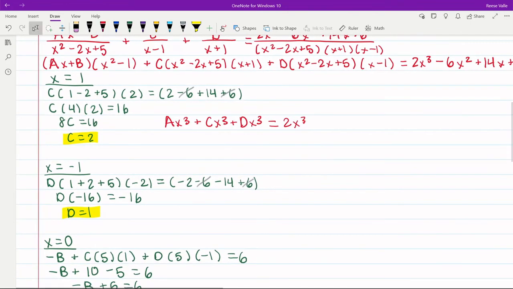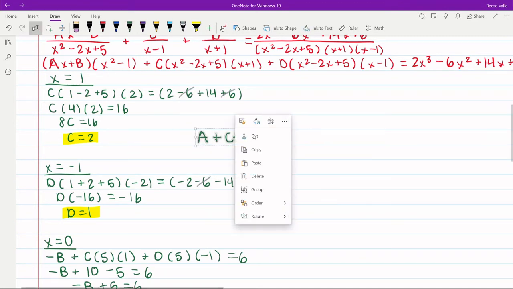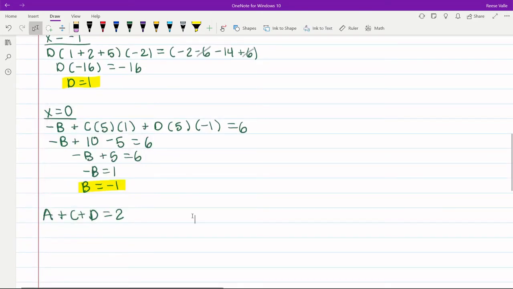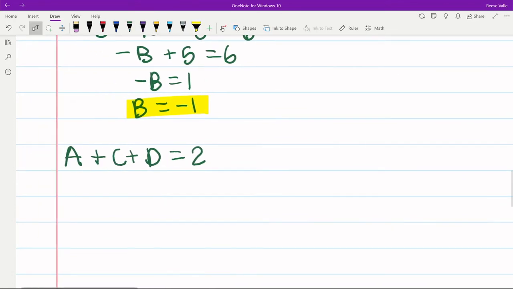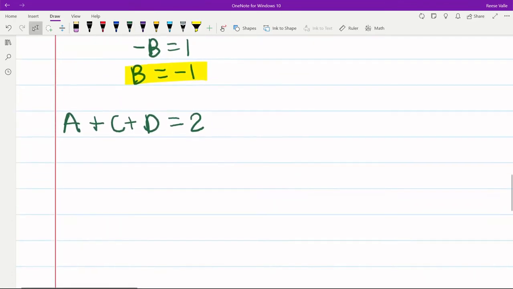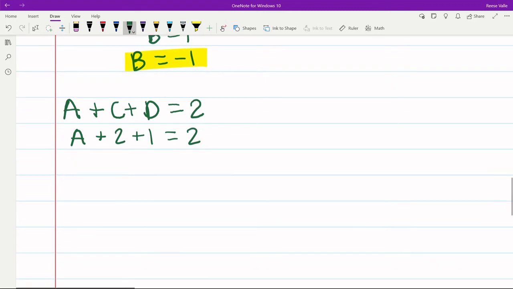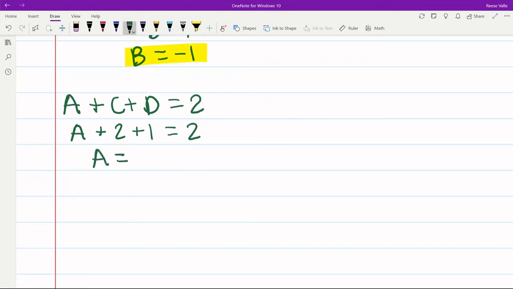So we're going to use that. So it's just a plus c plus d equals 2. I'm just going to move this down here. And we already know what c and d are. So it's just going to be a plus 2 plus 1 equals 2. Then you'll see that a equals -1.